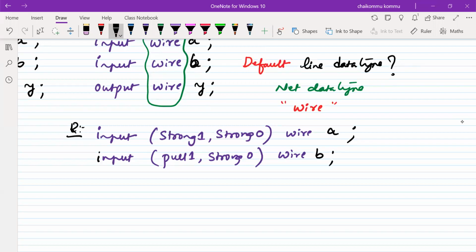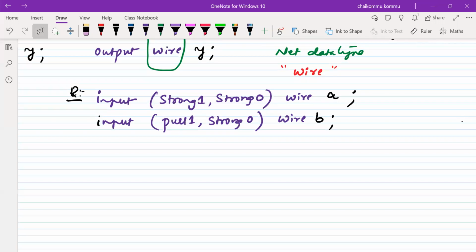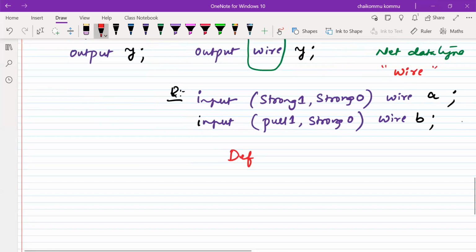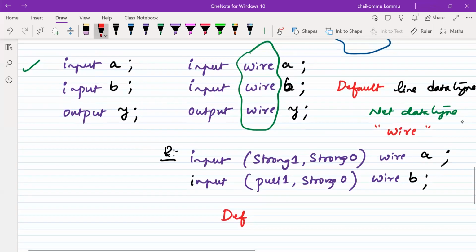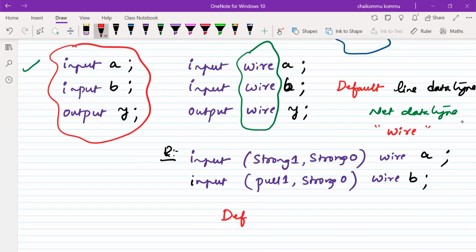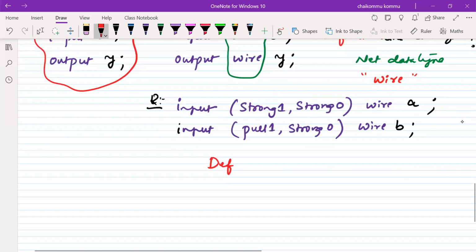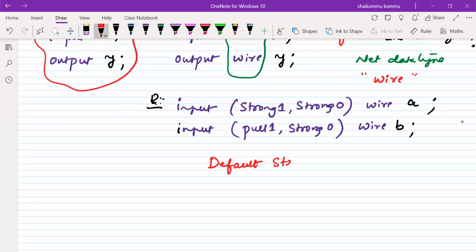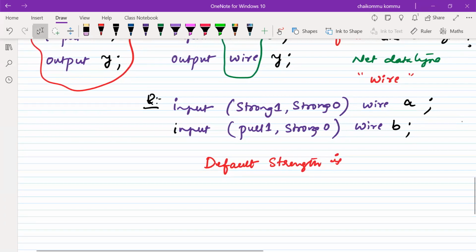Logic 1 has a strength of pull and logic 0 has a strength of strong, for the B. Normally, the default strength, if you're not writing anything, here we are not mentioning any type of strength. So the default strength is strong.